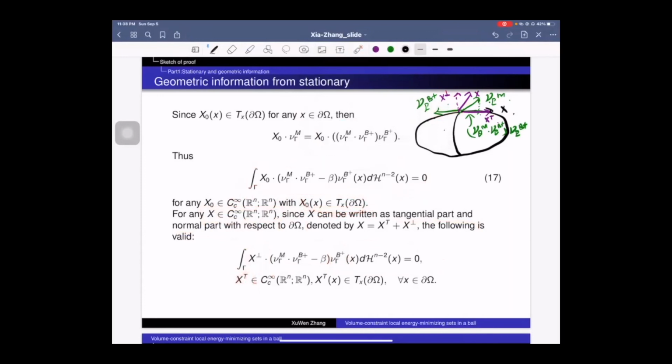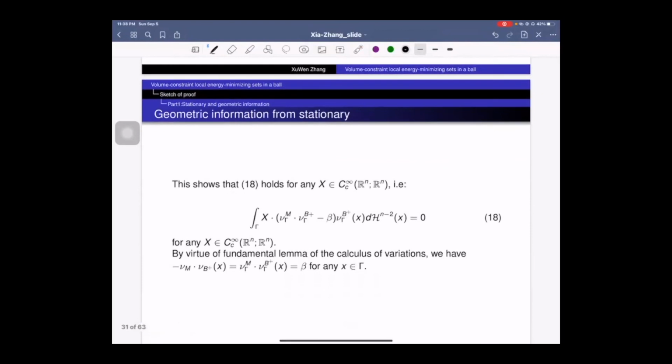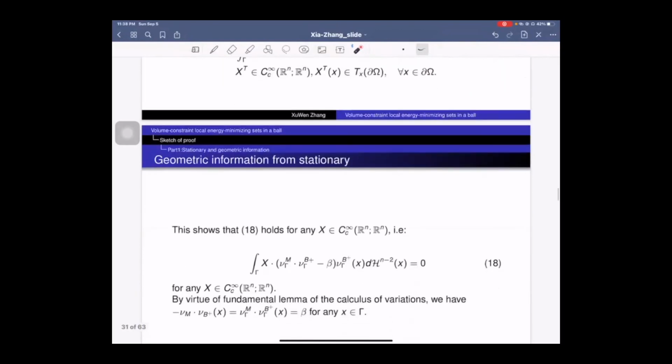Which means that for x tangential and x normal, we have this formula. So this shows that this formula holds for any x with compact support and smooth.